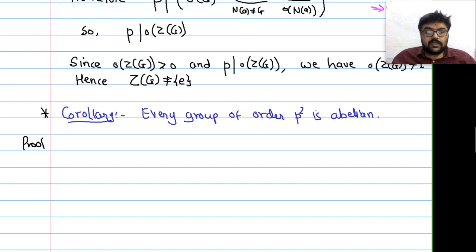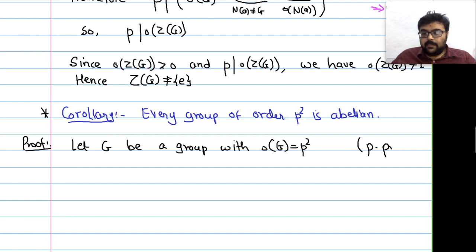So this is the first application, and we have to show that the group is abelian. So we start with: let G be a group with order of G equals p square, where p is prime. So we have to show that G is abelian.